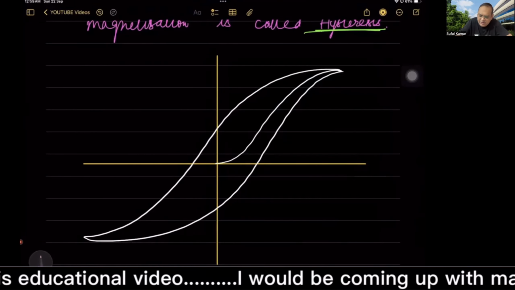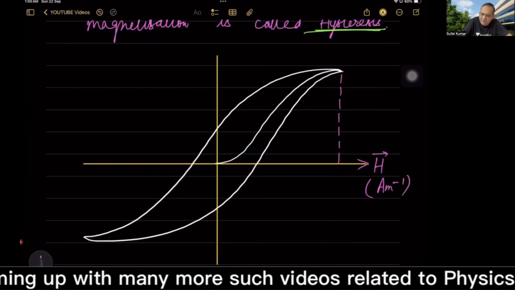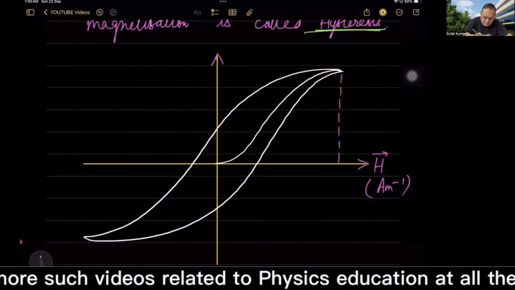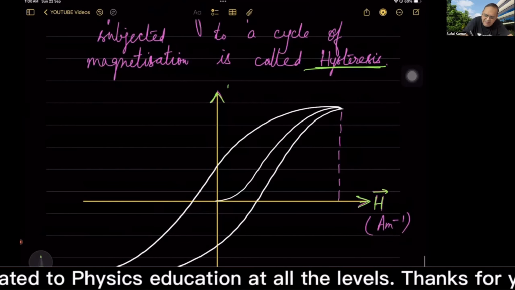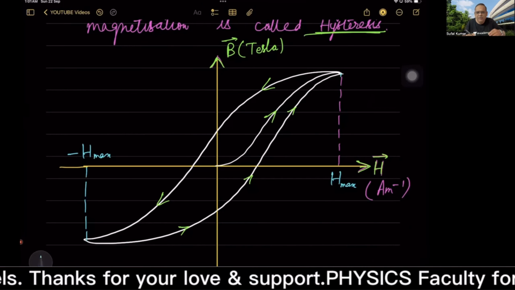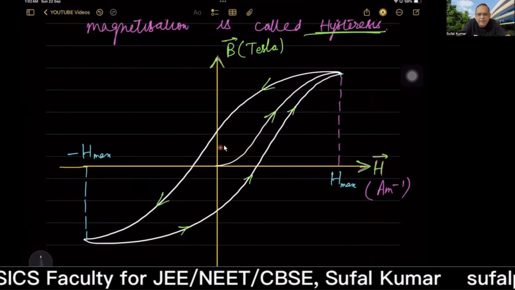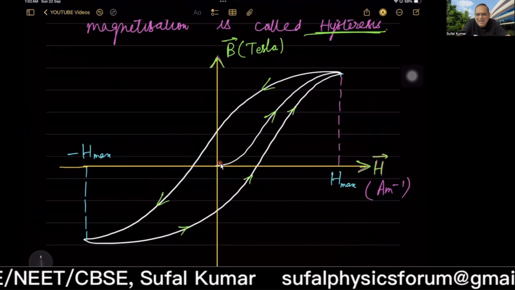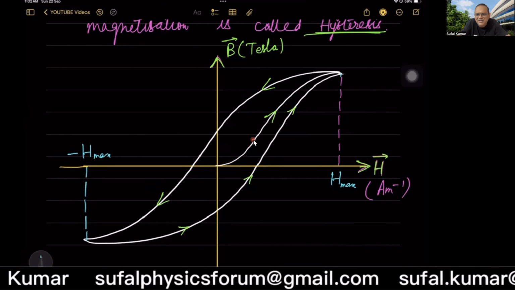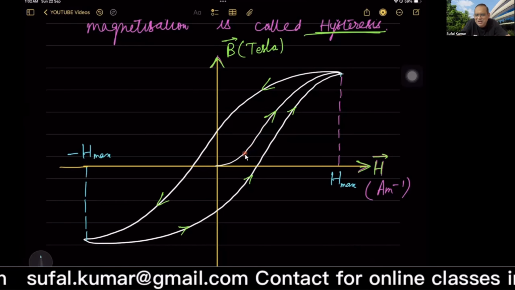Now this is H max. This is H in ampere per meter. This here is B, that means Tesla. From the diagram, you can very easily observe that as H increases, B also increases, but not proportionately.